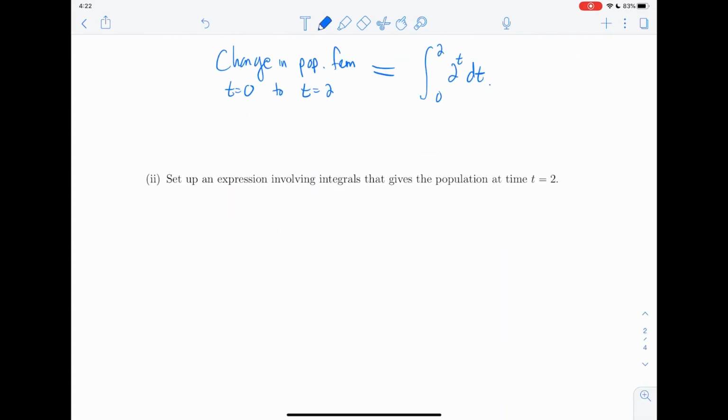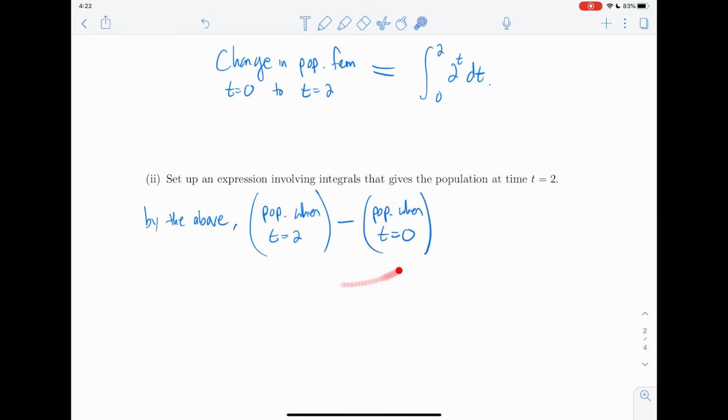So what that means mathematically is the following. By the above line, what we have is that the population when t equals 2, if we subtract off the initial population when t equals 0, this quantity right here is literally the change in population, and therefore we know that this difference is equal to the definite integral from 0 to 2 of 2 to the t dt.